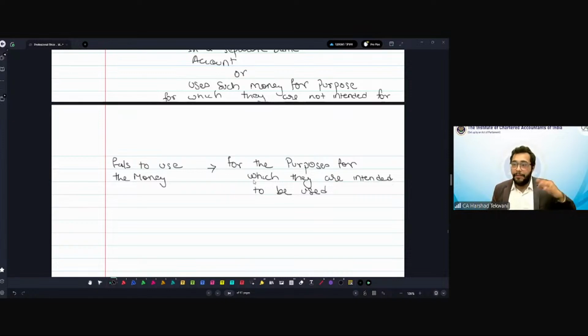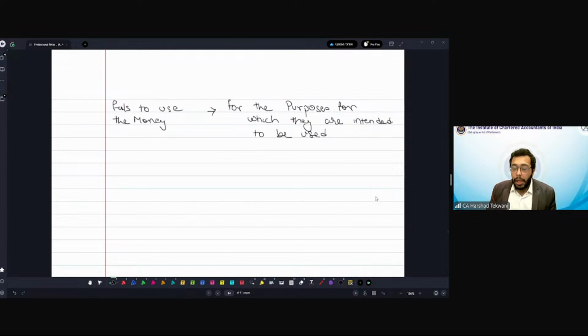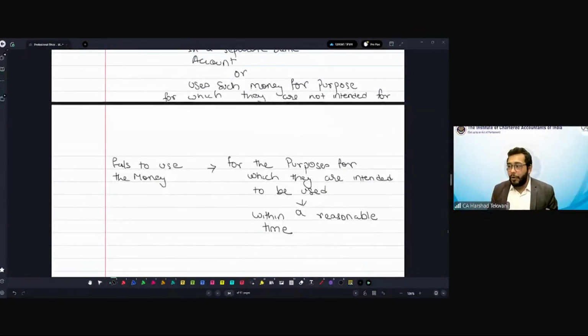Let's say, for example, if 100 rupees was given to me and I do not pay it within a reasonable time. Reasonable time means, let's say, for the purpose for which I have received that money, that will define what is a reasonable time. If I have received the money for payment of tax, any time before the due date of the tax will be a reasonable time. Or let's say I have received the money with specific instructions from a client that please pay this amount by next week. So next week is a reasonable time. So the reasonable time has to be interpreted in terms of the instructions that you have received from the client or the purpose for which the money was received.